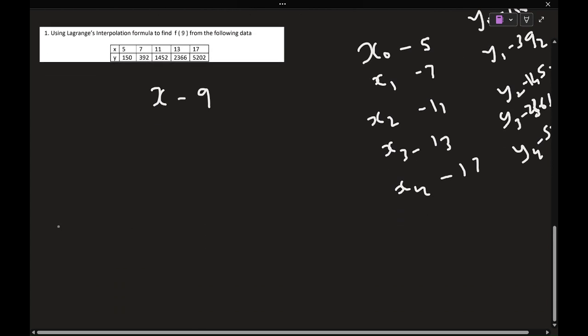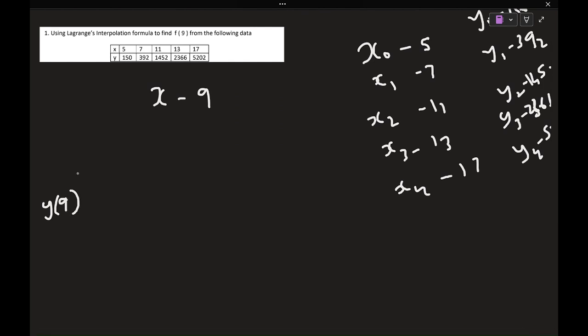I have my Lagrange's formula. I'll just substitute everything. So if I take y of 9, that's what we need to find. Instead of f of 9, I'm just writing y of 9 equals. First, I neglect x0, correct?